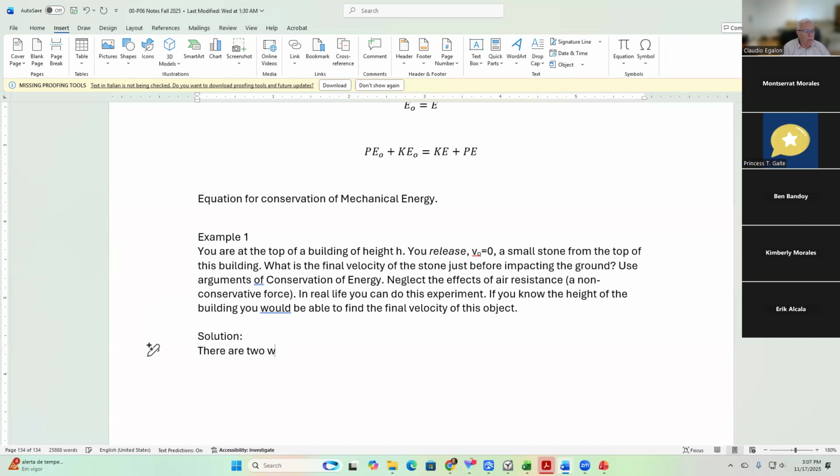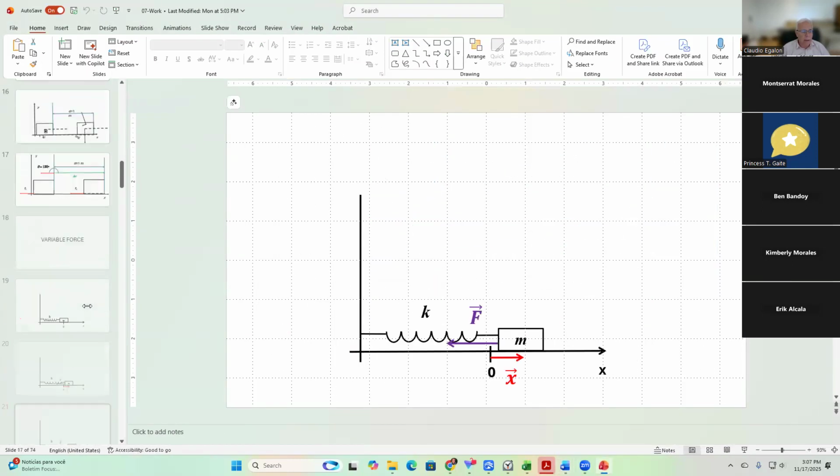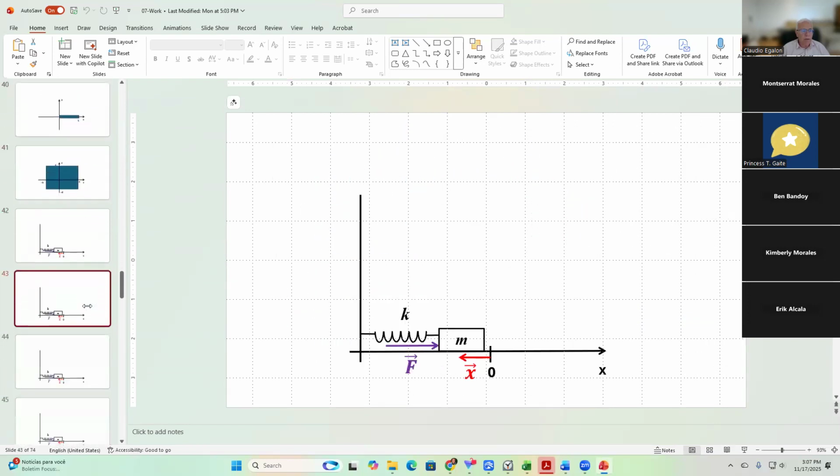There are two ways of solving this problem: either using kinematic arguments, or using the equation for conservation of energy. Let's see here, I want to illustrate that.